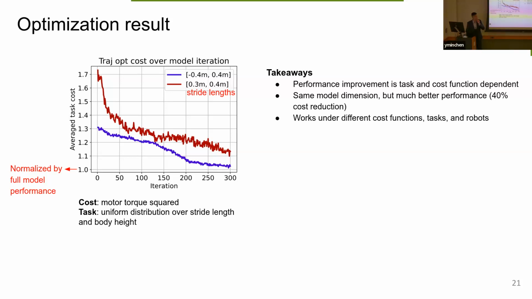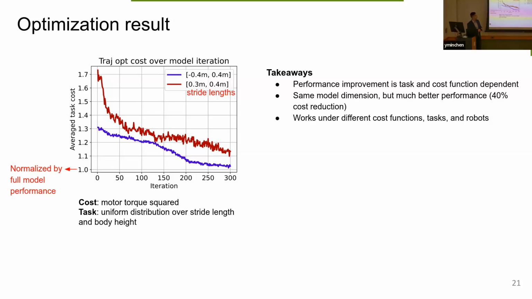Okay. And a couple of takeaways. The performance I've shown you here is task dependent, and in other experiments, we also found that it's cost function dependent. And to remind you, over the iterations of model optimization, the model remains the same dimension, but we get better performance.